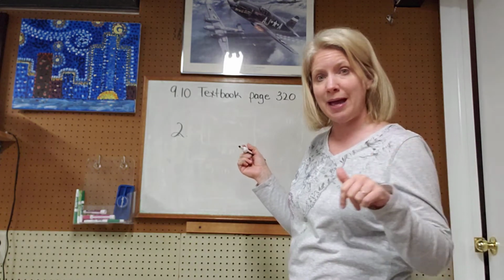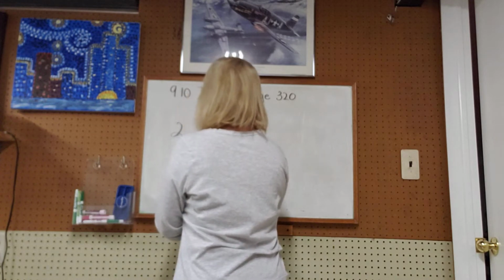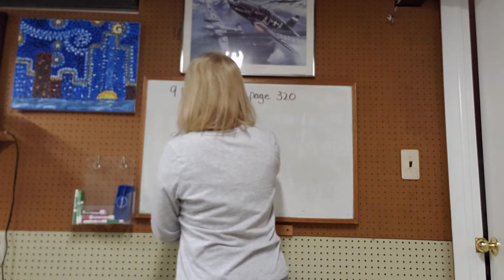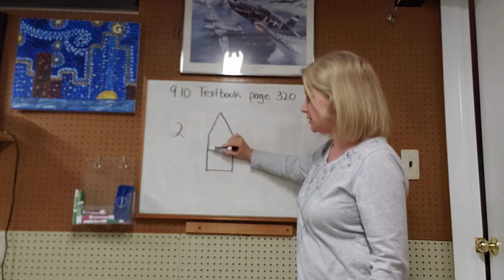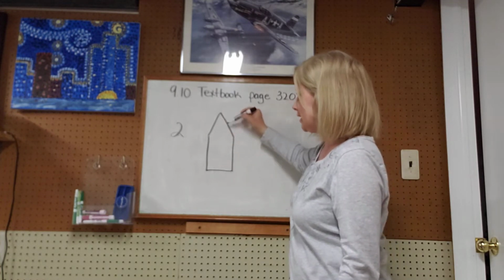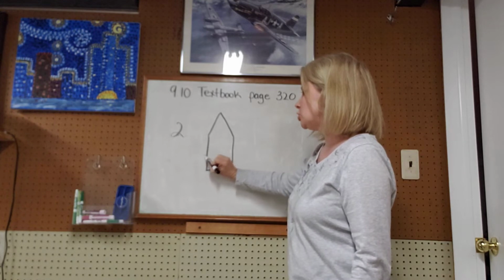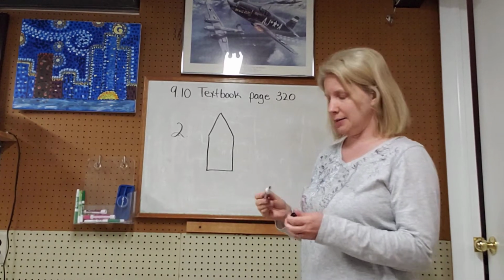It's the shape of a pentagon. So when you're going to measure this side and this side is going to be the same length. And this side and this side are going to be the same length. So we need to find 1, 2, 3 measurements for our pentagon.